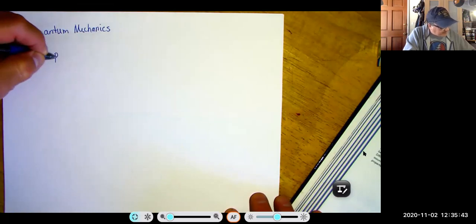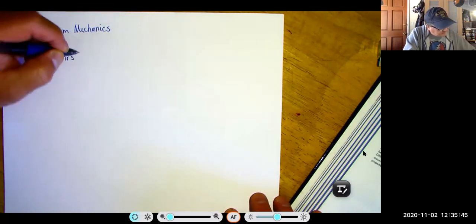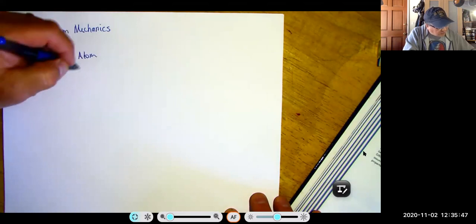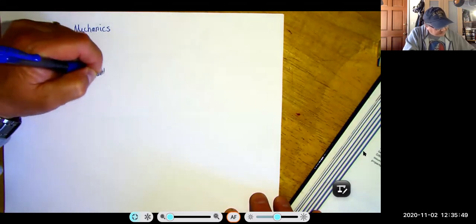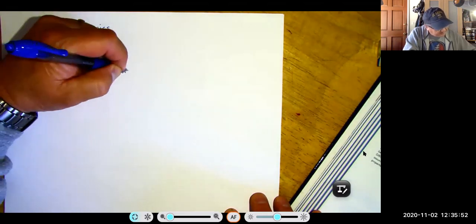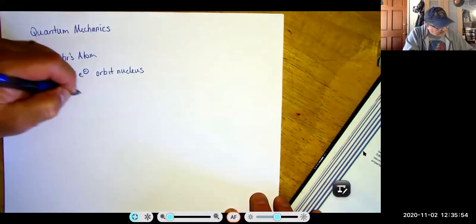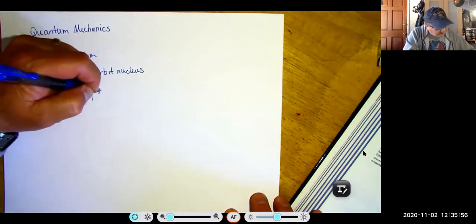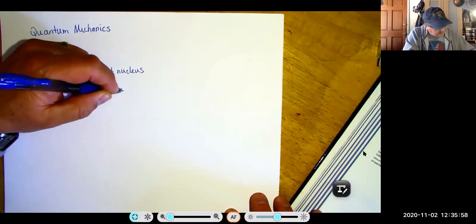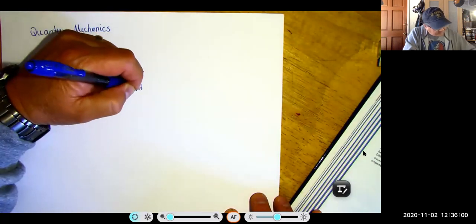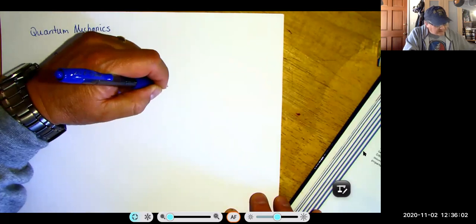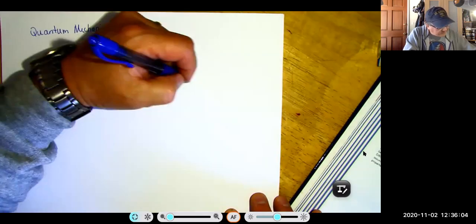So for Bohr's atom, the electrons orbit the nucleus. Only specific orbits are allowed. This is quantization.